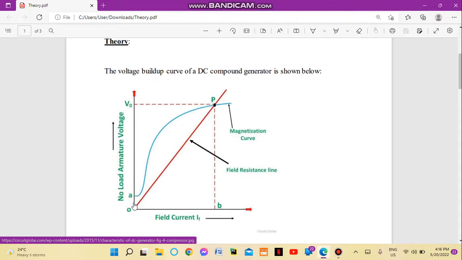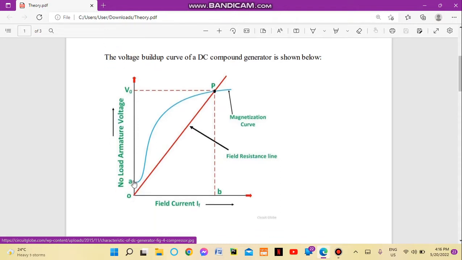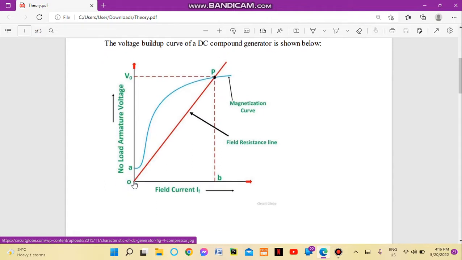Residual magnetism is a kind of magnetic nature acquired by the pole due to the repeated use of a generator.